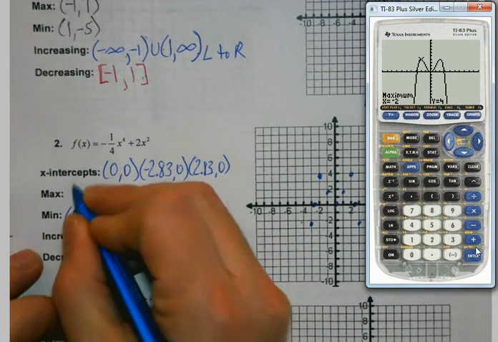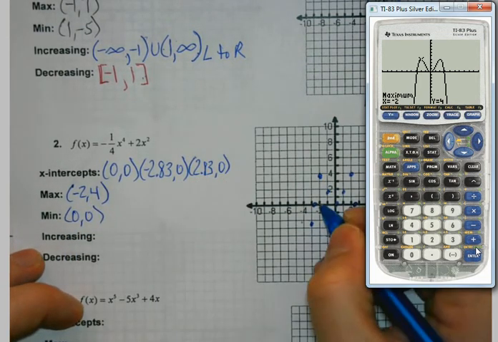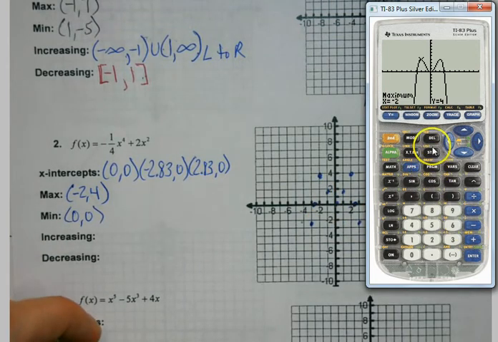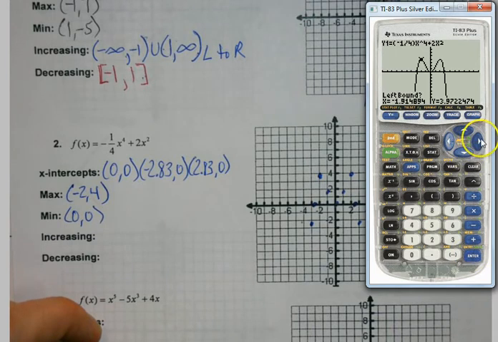So my max is at -2, 4. Which I already had as one of my points. So you're like, so can I assume that's going to be 2, 4? I wouldn't blame you if you did, but I'm going to be sure. So to the left of it, to the right of it, anywhere over here, 2, 4. All right.